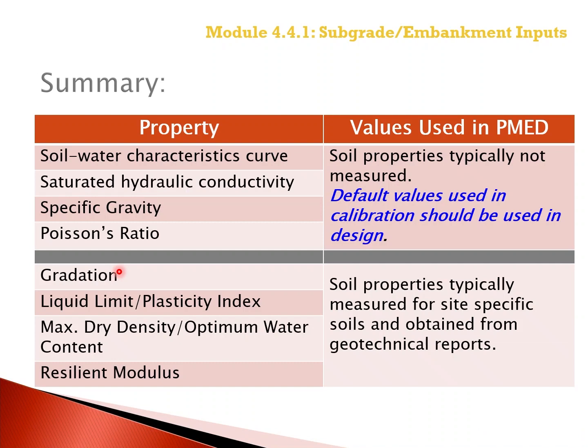Many of the soil properties, soil water characteristics, saturated hydraulic conductivity, specific gravity, Poisson's ratio, we want to use default values, and those default values should be consistent with how the transfer functions were calibrated for use in design.